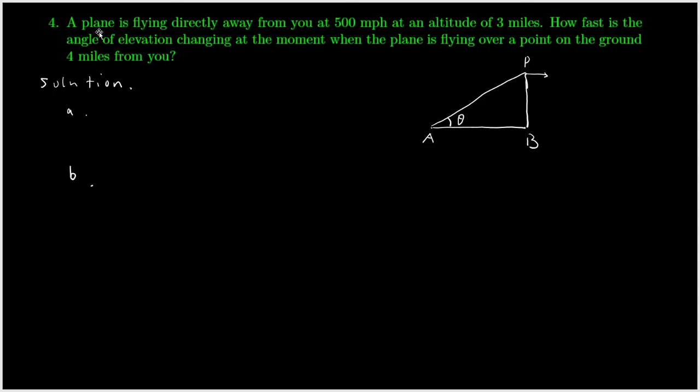Look at the first sentence: the speed of the plane is 500 miles per hour. It means the rate of change of the distance between A and B. This distance is changing at the rate of 500 miles per hour.